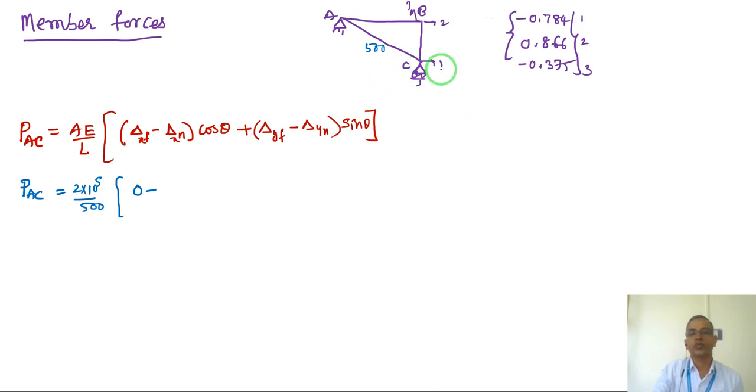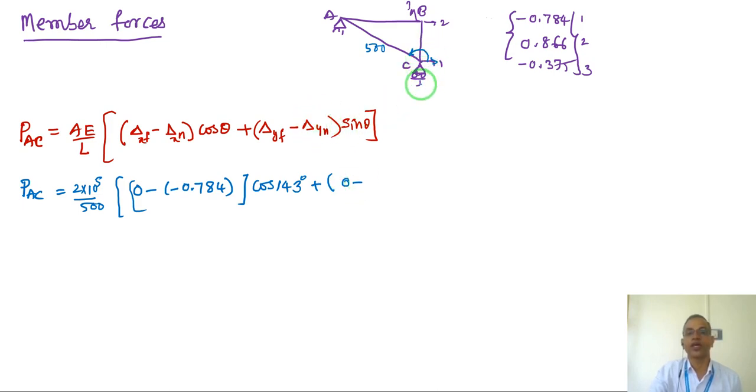So x direction displacement at 1 is minus 0.784, into cos of the angle of that member from the horizontal positive x-axis, this is 143 degrees, plus y direction displacement in the far end 0 minus y direction displacement in near end, not there because y direction is restrained, so 0 into sine 143 degrees.